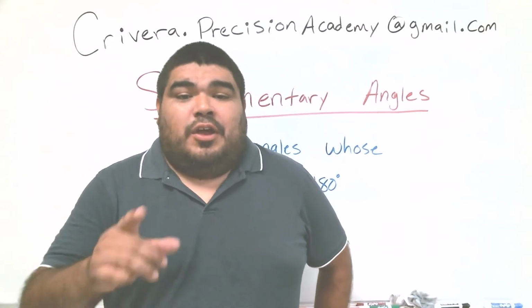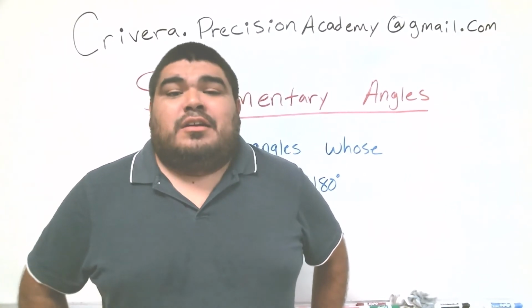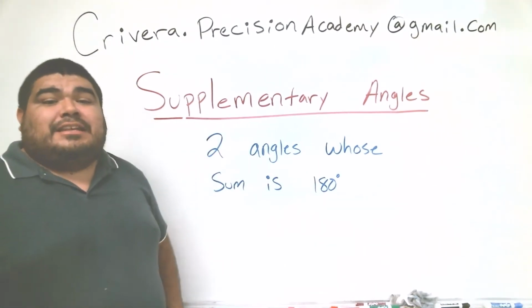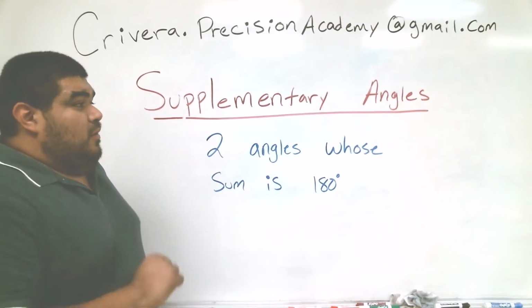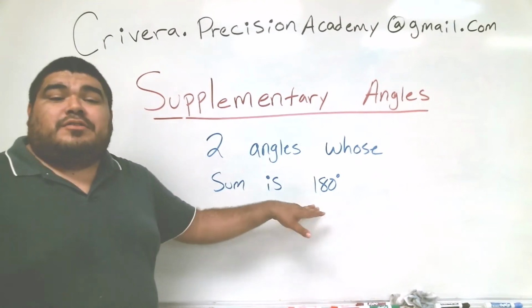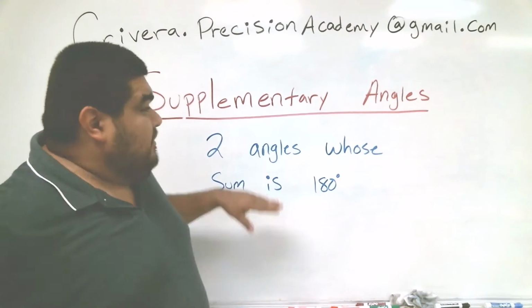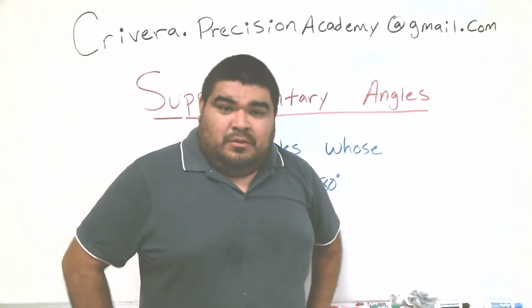All right. So let's start with the first part of the video, which is a little bit of vocab. The first word you're going to need is supplementary angles. Two angles whose sum is 180 degrees. So, two angles that come together to form a supplementary angle equal 180 degrees.